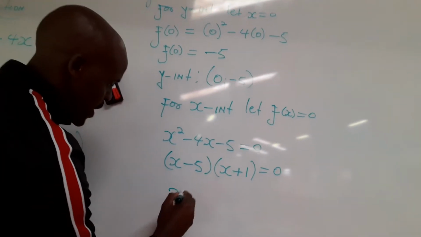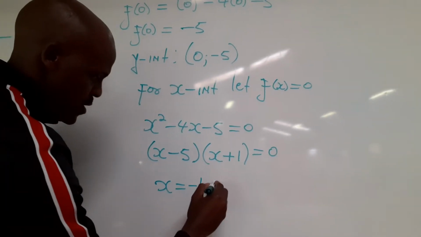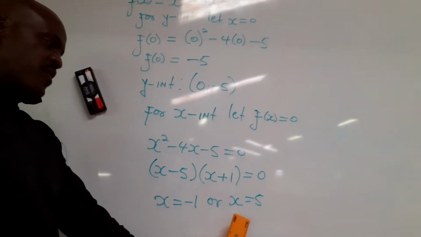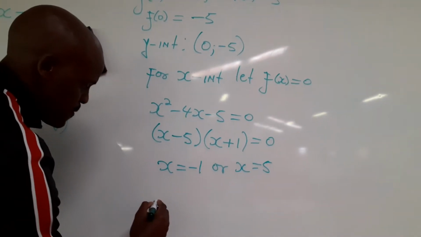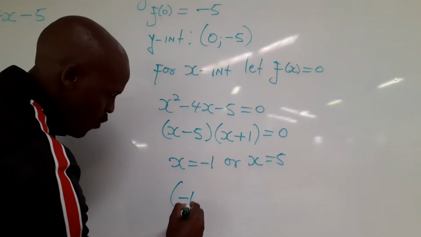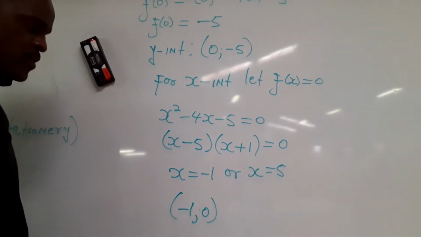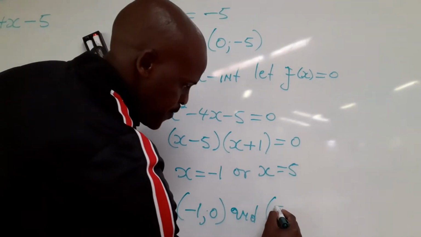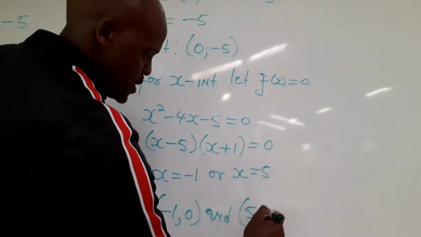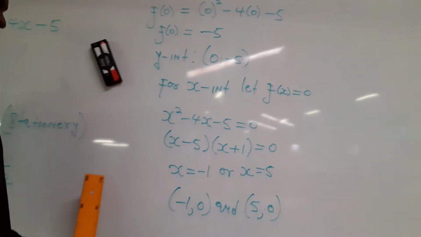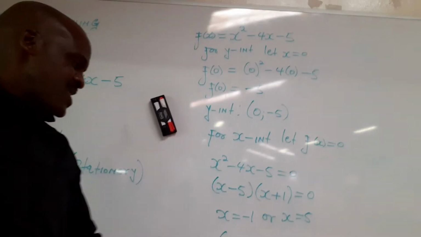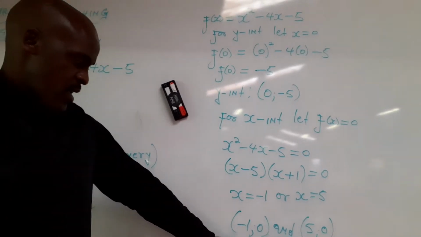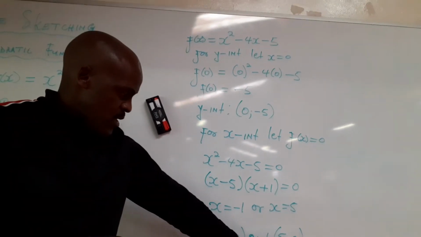Therefore, x will be equal to negative 1 or x is equal to 5. These are the roots, therefore the x-intercepts are (-1, 0) and (5, 0). This means our graph will cut the x-axis where x is negative 1 and where x is 5.